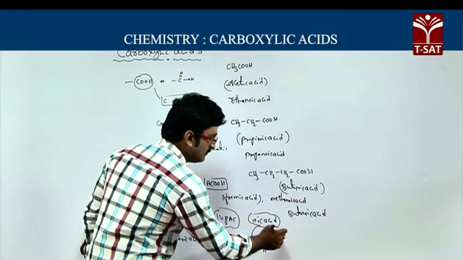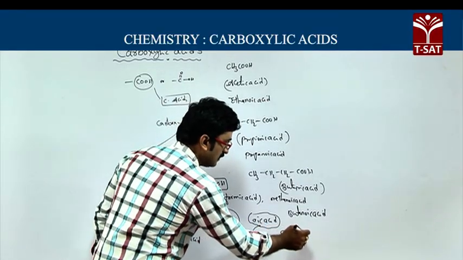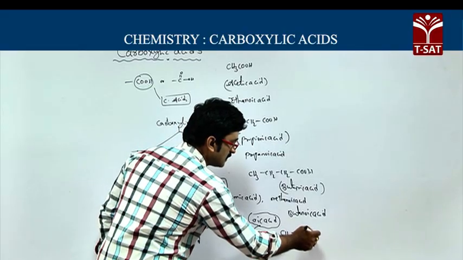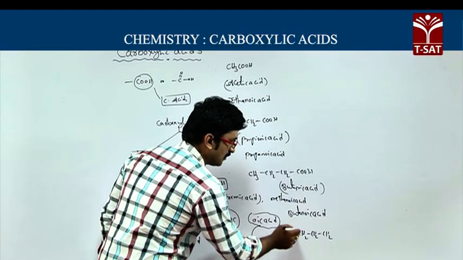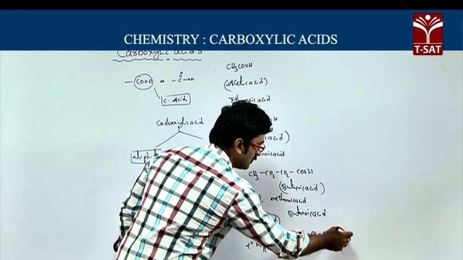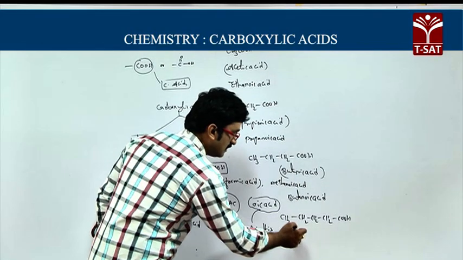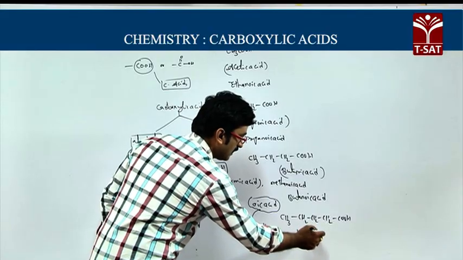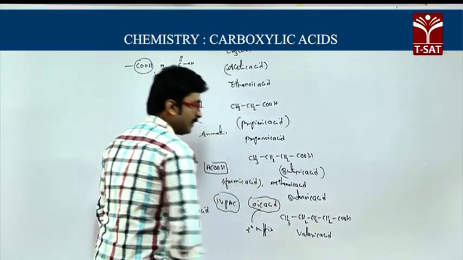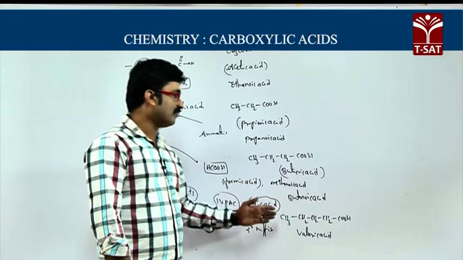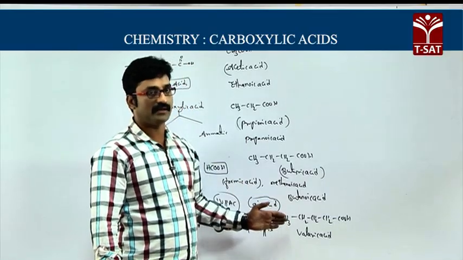And the next one is CH3, CH2, CH2, CH2, COOH, with 1, 2, 3, 4, 5 carbons. The common name of this carboxylic acid is valeric acid, and it is obtained from the roots of the valeriana plant.